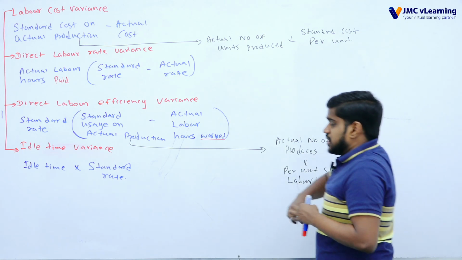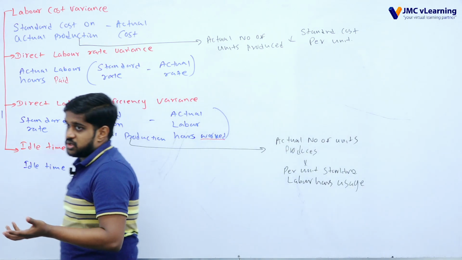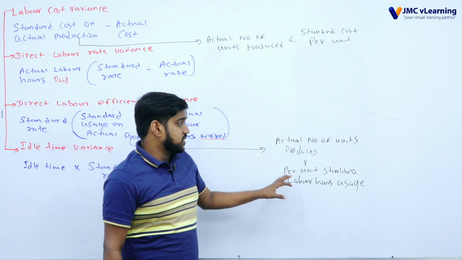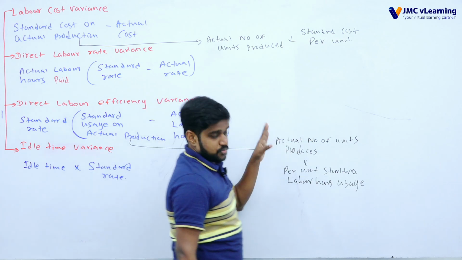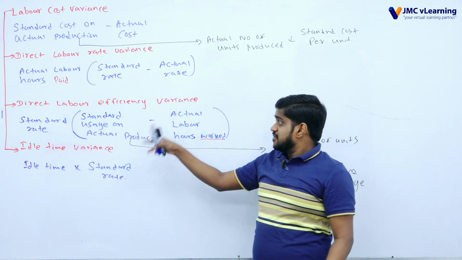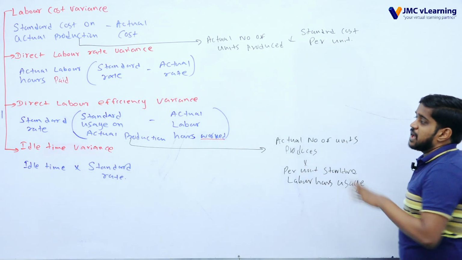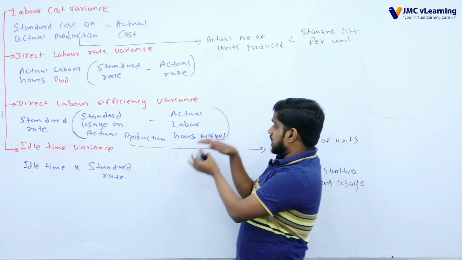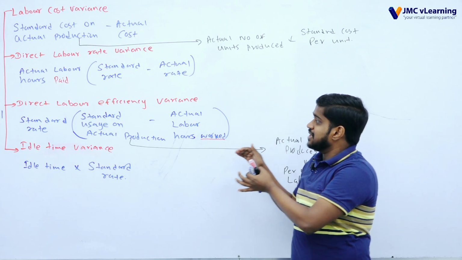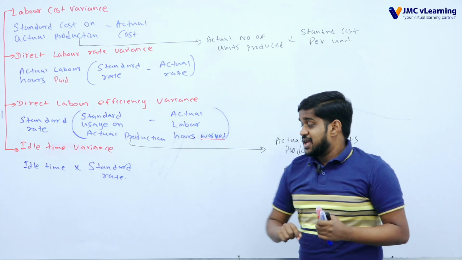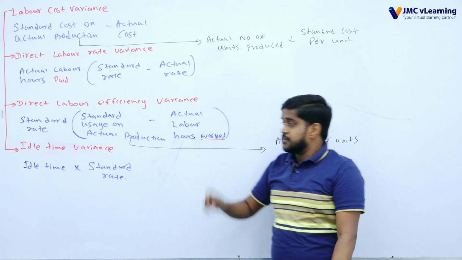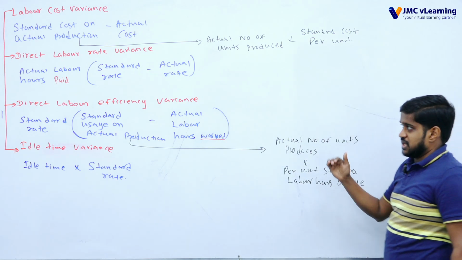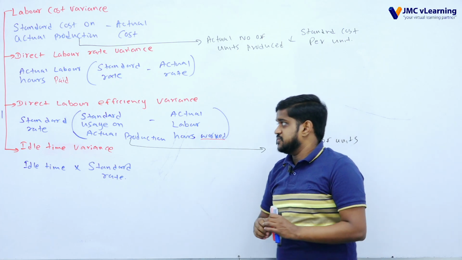Normally they directly provide the standard labor hours usage per unit. Then we multiply it by actual number of units produced, and simply we get standard usage on actual production. Then the difference between standard usage on actual production and actual labor hours worked, we multiply by our standard rate per hour. Then we get the direct labor efficiency variance.